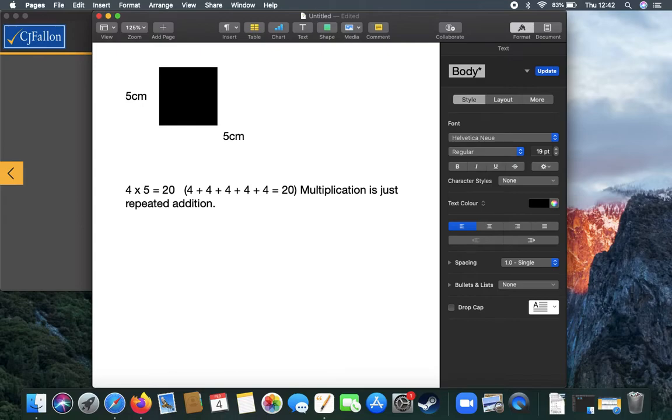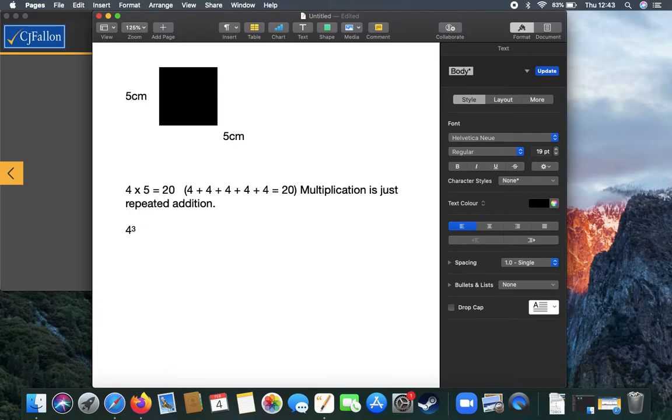For exponents, if you have something written like this, 4 to the power of 3, they don't want you to do this sum, 4 by 3. They don't want you to multiply 4 by 3.